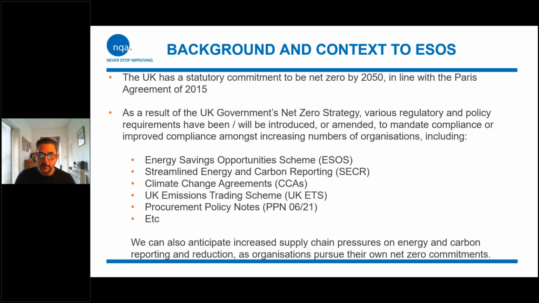So the net zero strategy over time will introduce and amend these regulatory and policy requirements so that more and more businesses will become obligated to report and manage their carbon and move towards net zero. But that's all part of the government's commitment, the country's commitment to net zero by 2050.